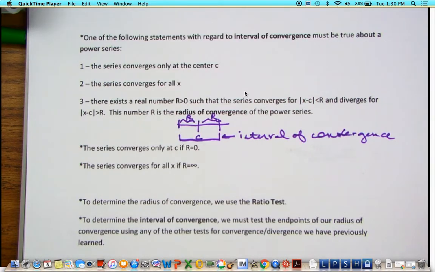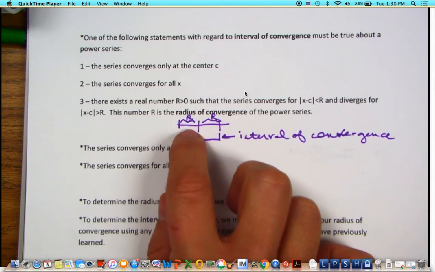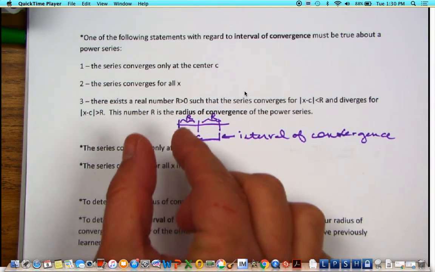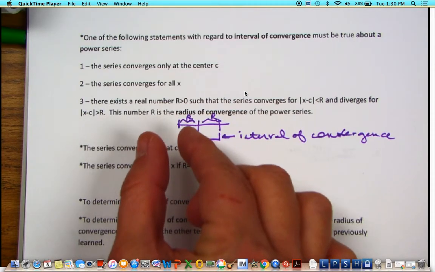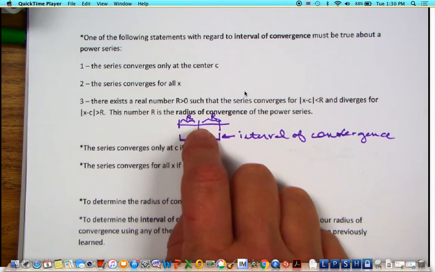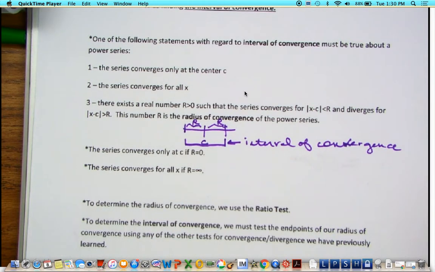We're saying this though, that the radius is the distance from the center, and in that radius, your Taylor polynomial will converge. So I can either have a radius of 0, which means that I converge only at the center. I could have a radius of infinity.